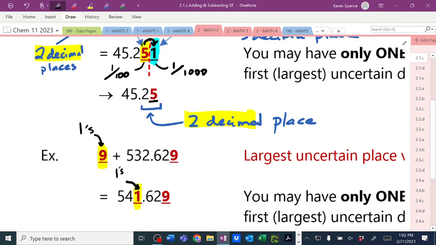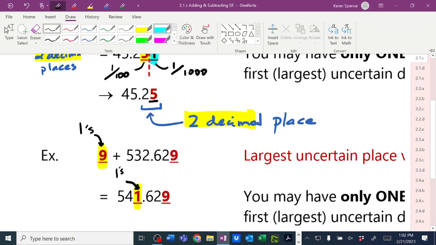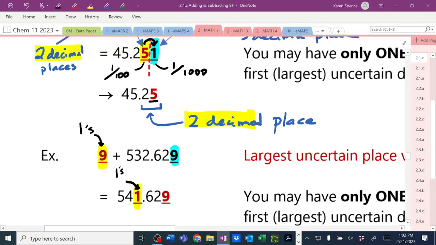In our second number, we have our uncertain digit in the thousandths position. Which means that in our answer, we also have uncertainty in our thousandths position.